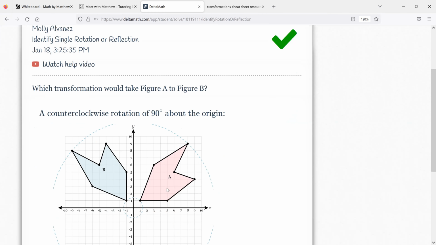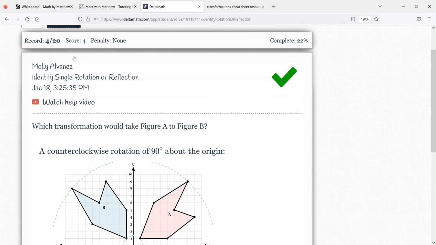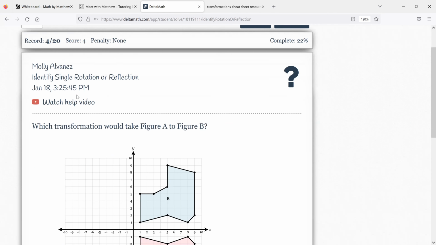You see they're trying to show you the rotation. That's pretty helpful.